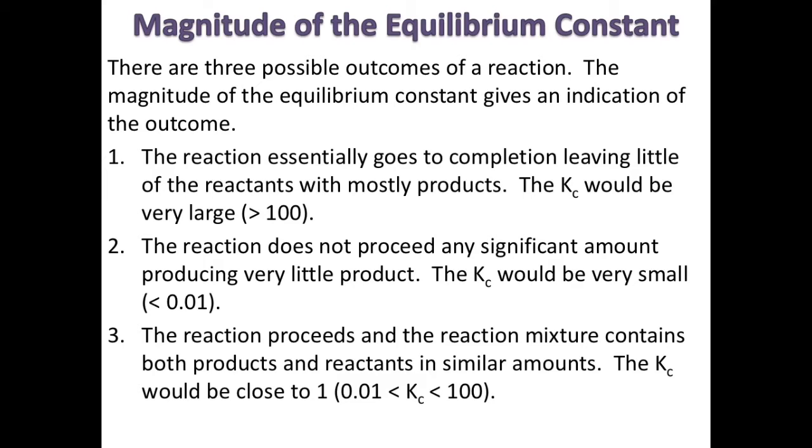In some reactions, they are much larger than that. For reactions that basically don't go very much at all and produce extremely small amounts of product, the Kc is usually very small, less than 0.01. And finally, those are those that are between the two. The reactions that are between them tend to be mixtures of both products and reactants.